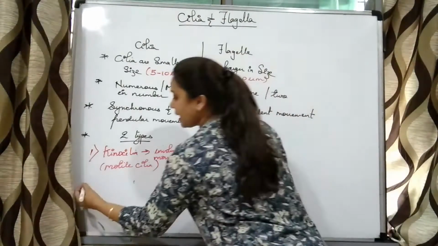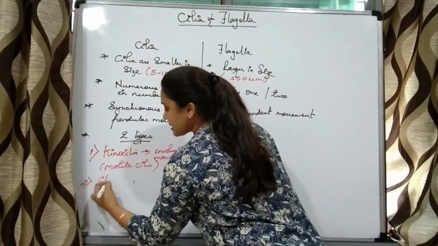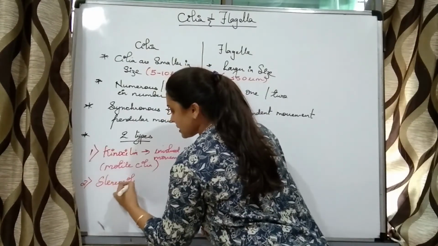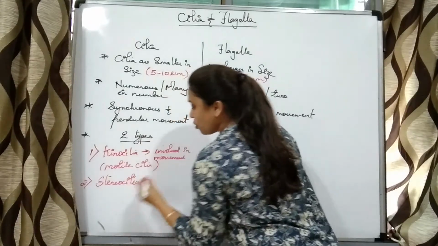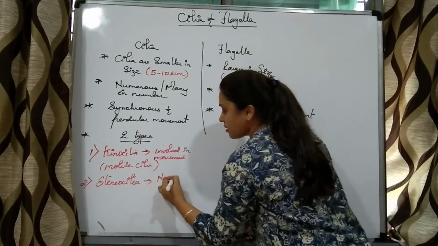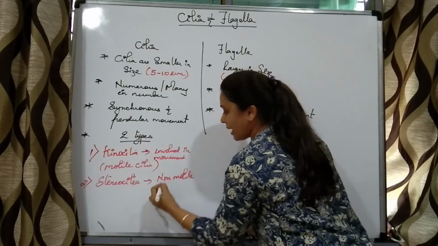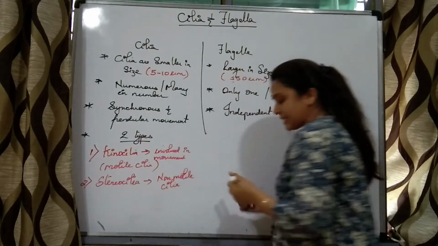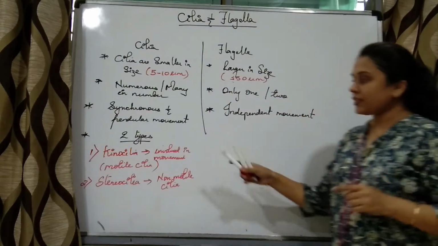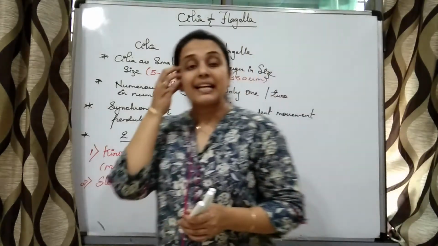And the second type of cilia are stereocilia. Those are non-motile cilia. So there are two types of cilia.